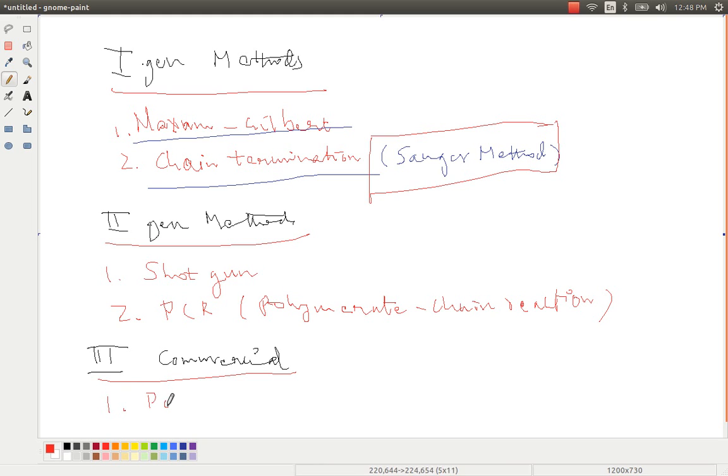It is a commercial method originally invented by Shendure and Porreca, whoever they may be. I'm not worried about the people who invented this, but Polony is regarded as one of the commercial methods, and the other method is SOLiD sequencing. These are also very advanced methods.